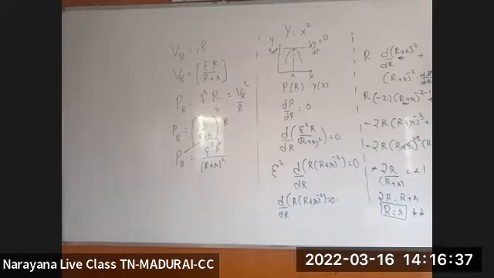Okay, next one is the CR circuit: DC series combination of the capacitor and resistive circuit.